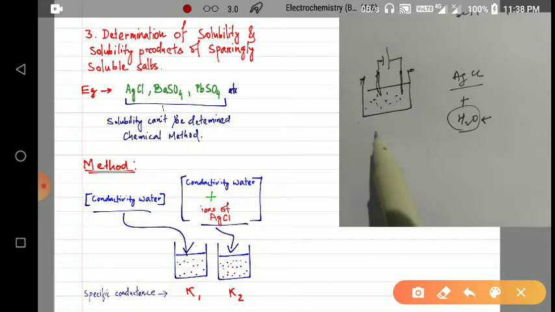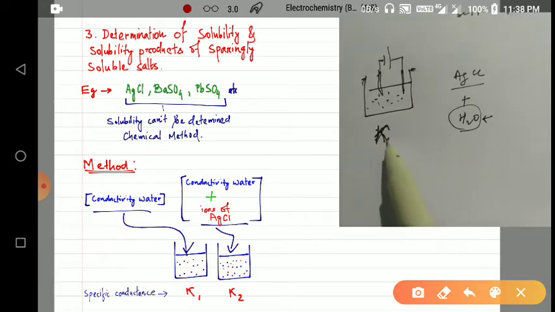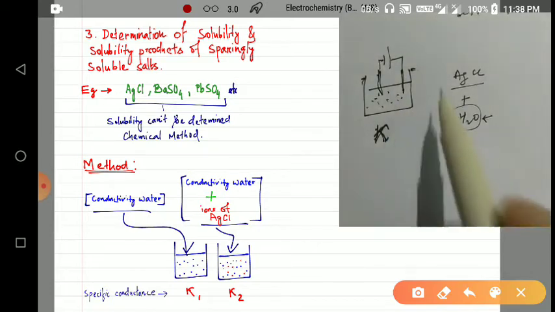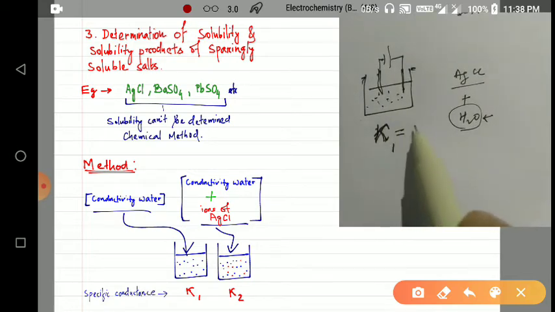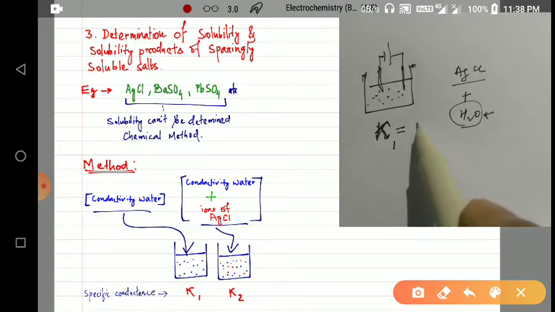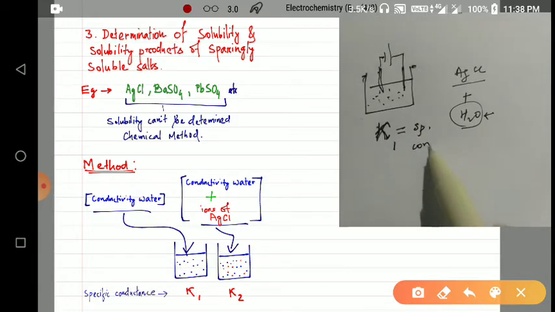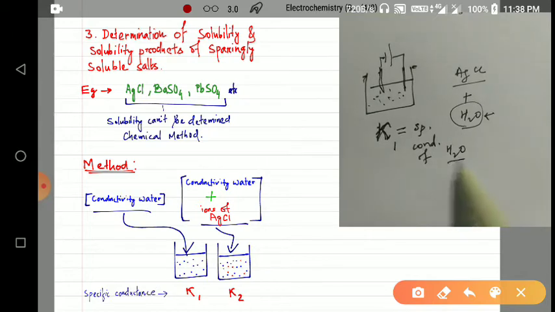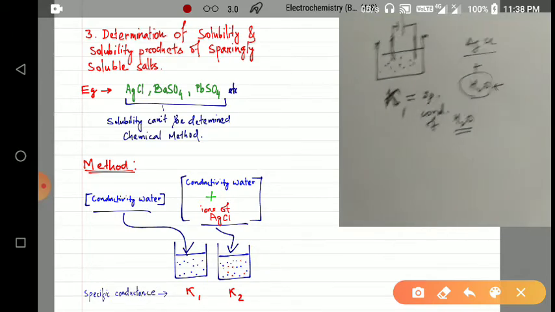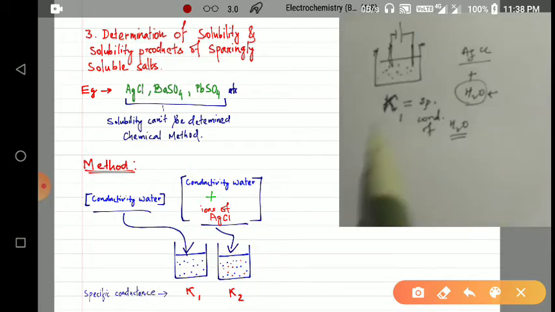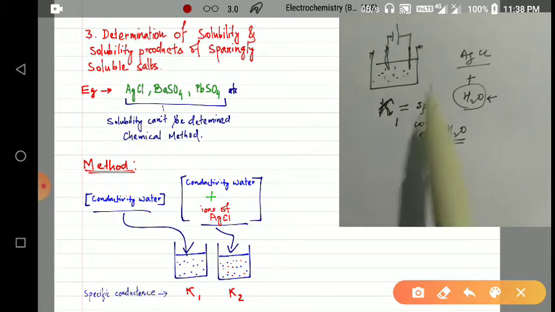We can calculate the value of kappa using the normal setup. Let's suppose K1 represents the specific conductance of water. This is not deionized water, it is ionized, impure water. So we can obtain this value.